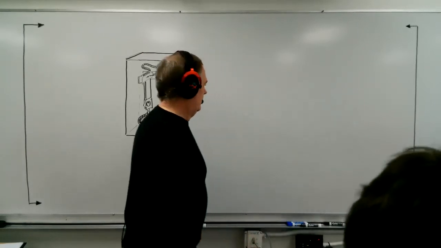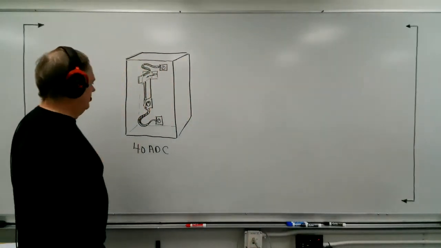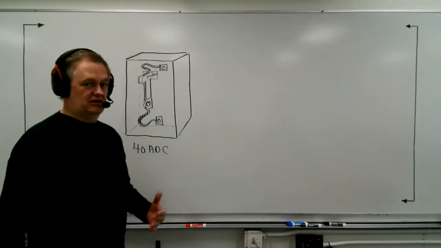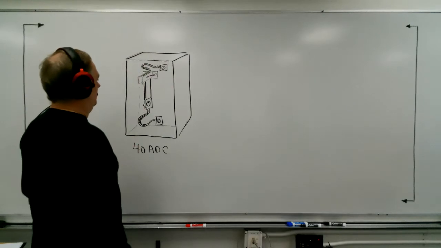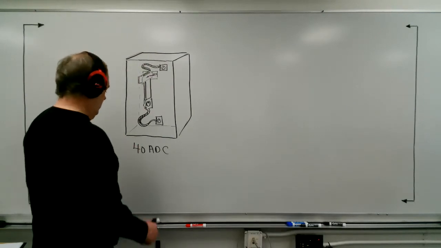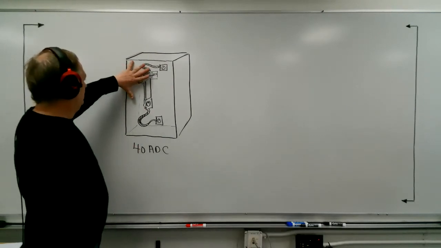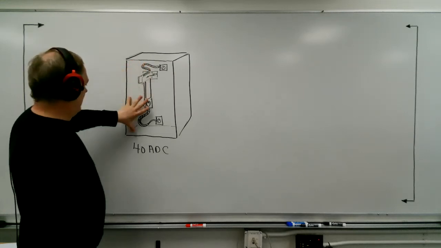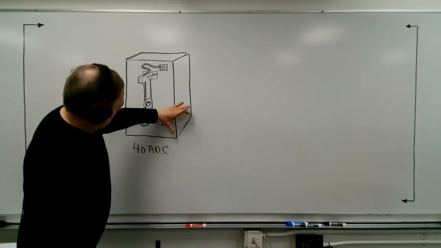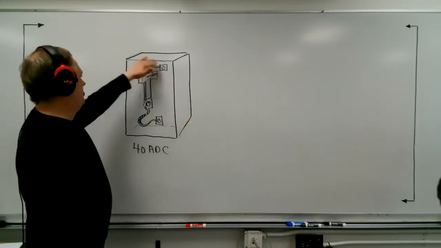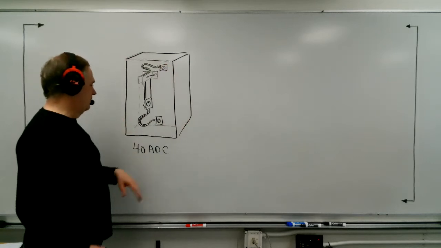I've drawn here on the board a mechanical, about 40 amp DC switch, pretty close to its actual size, believe it or not. A couple of hands high, a good hand and a bit wide, and probably 4 to 6 inches deep. That switch would be rated for about 40 amps.